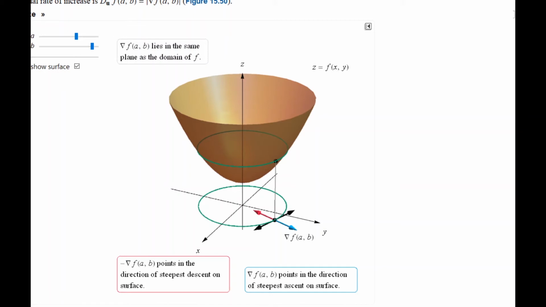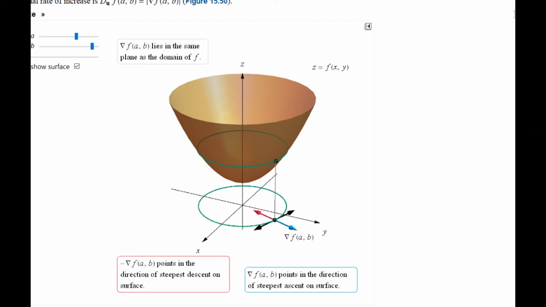The black vectors are orthogonal to the gradient. They are in the direction of the level curve, so they're tangent to the level curve. And you see here that the gradient is orthogonal to the level curves. It makes a 90 degree angle. What do I mean by orthogonal to the level curve? It means that it's orthogonal to the tangent to the level curve.